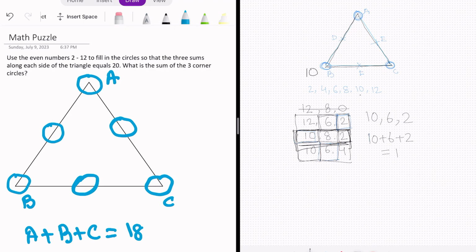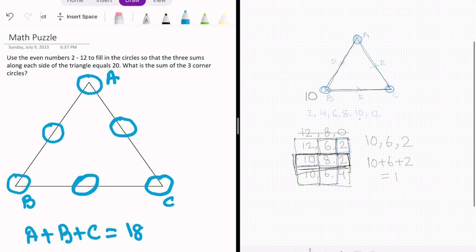Let's pick one of the lines. Let's just pick A and B. So if one of the corners is 10, we know that D and A would either be 8 or 2. So if this is 2, then this is 8. Or if this is 8, this will be 2. We just don't know which one is which. We'll leave it at that.